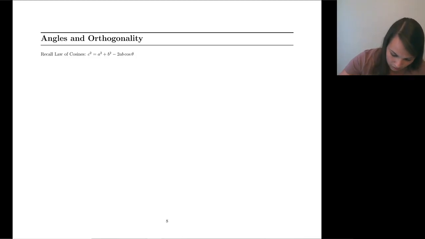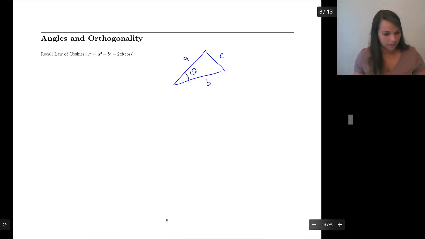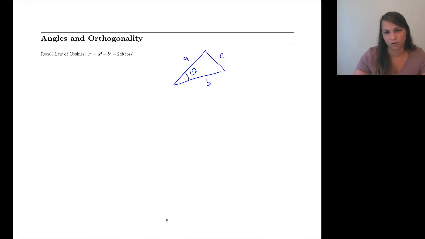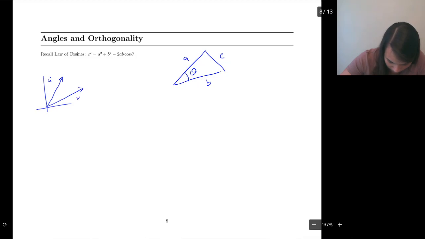Law of cosines. Here, let me draw our picture back like this. Remember that beautiful formula right there. Let's translate this over to using u and v instead, with vectors. So we've got vector u, vector v, and then this would be u minus v.